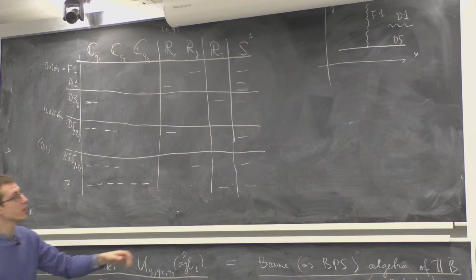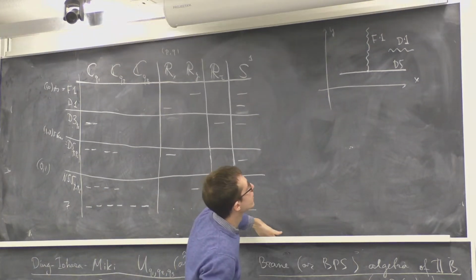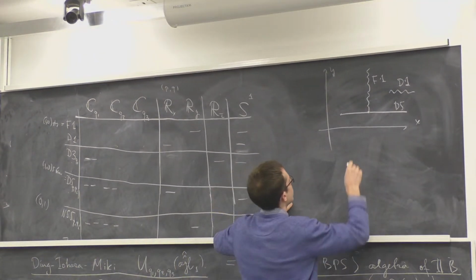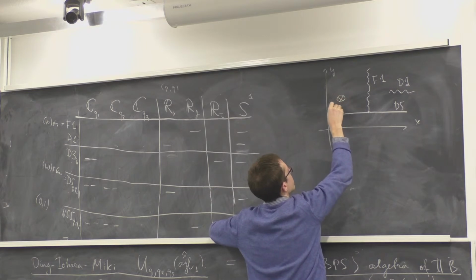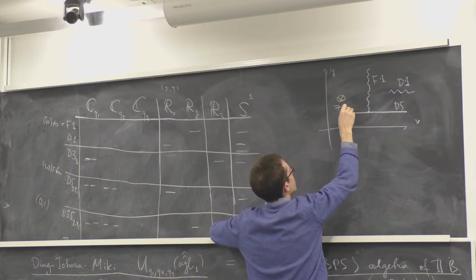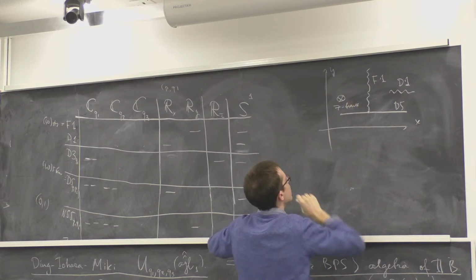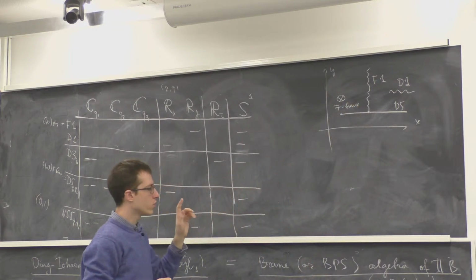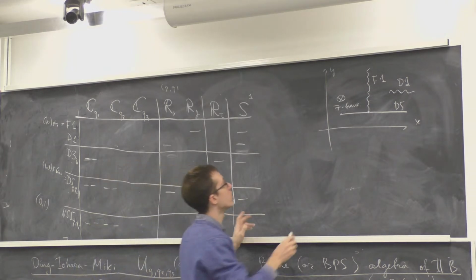So in the XY plane, okay. Now I can't draw anything. So this is a 7 brane. And what are the PQ charges? The PQ charges are actually the monodromy.